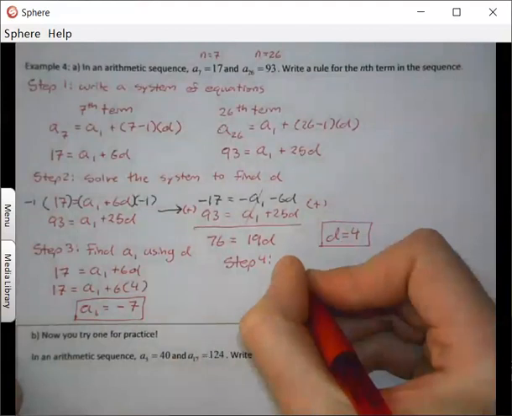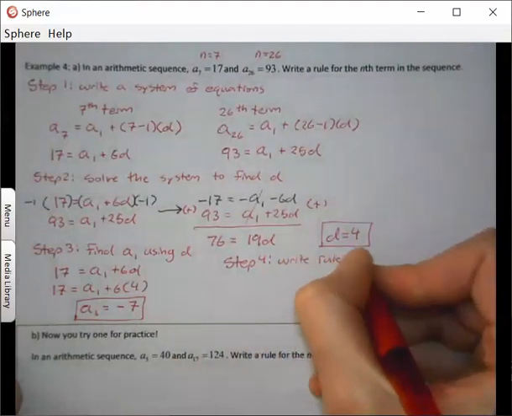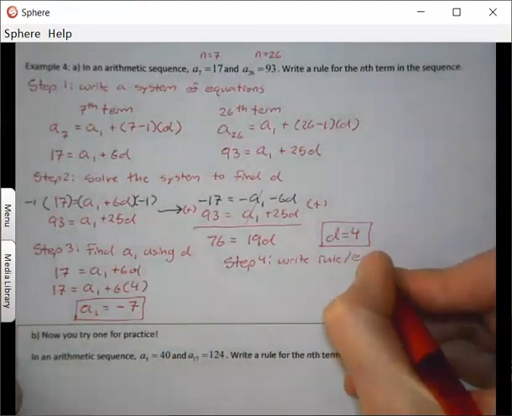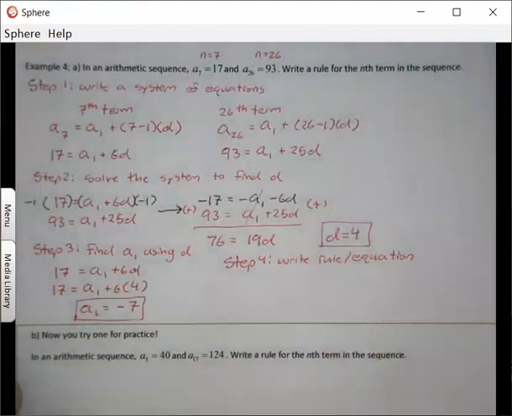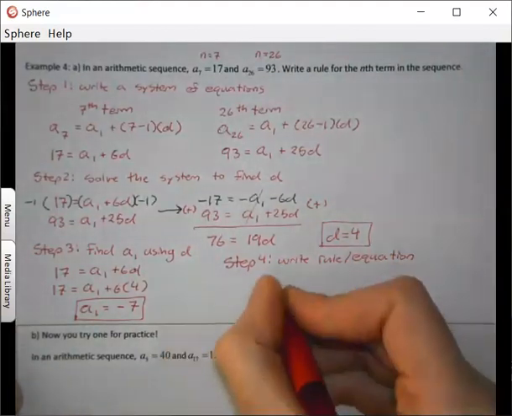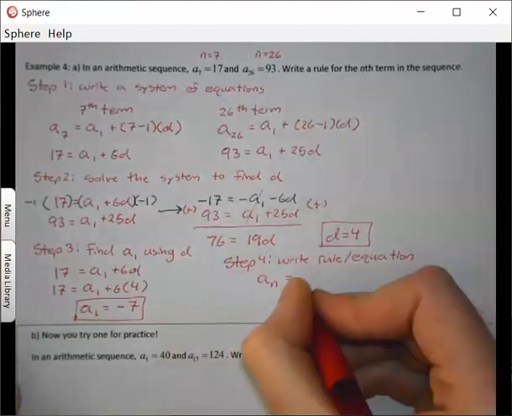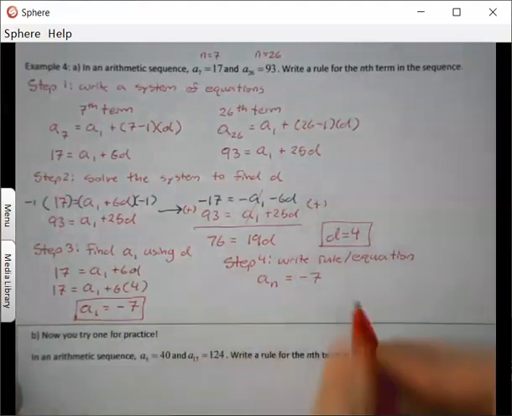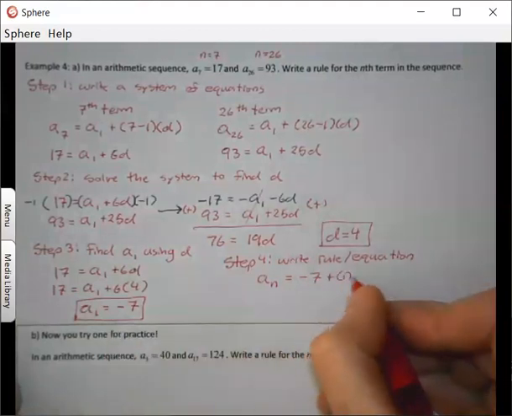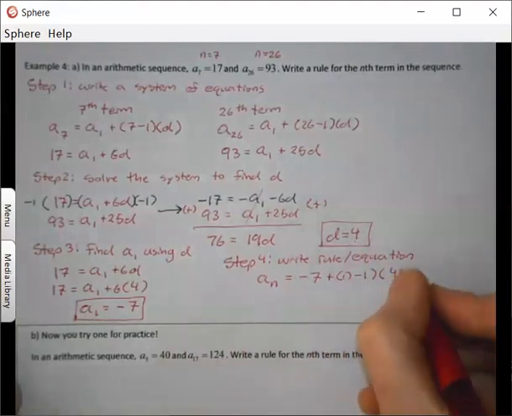we're going to write our rule. So a sub n, our rule in general, is going to be equal to our first term, negative 7, plus n minus 1 times our common difference, 4.